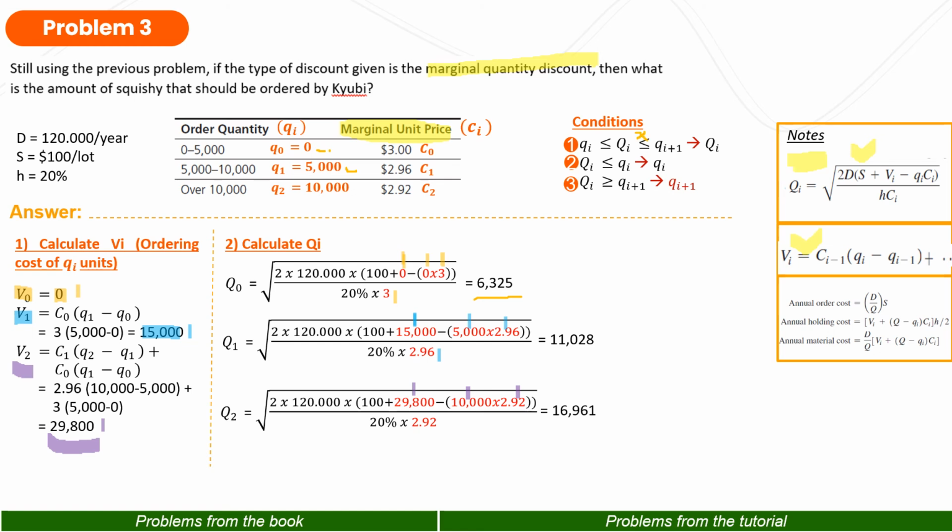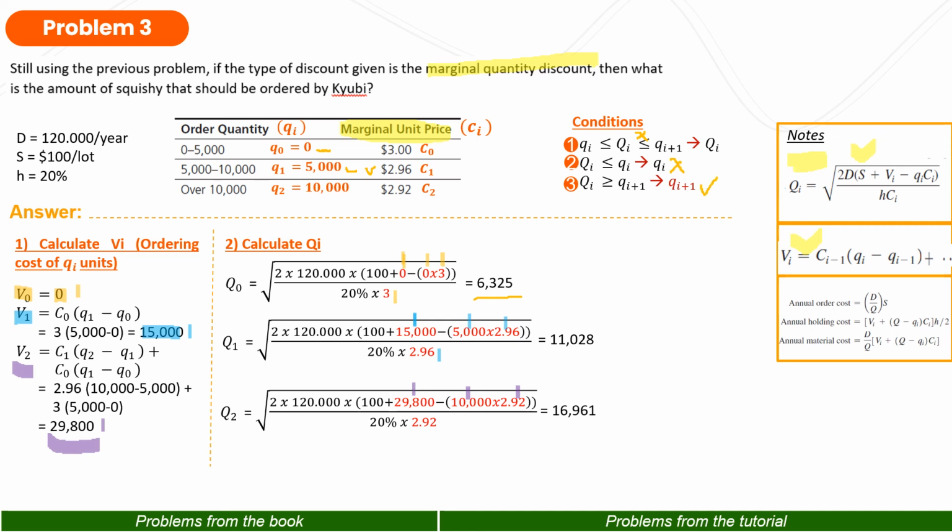And Q0 compared with little q0, the big Q is bigger. Okay, next we look at the third condition. That is, big Q is bigger than the little q after, that is the little q1, 5,000.